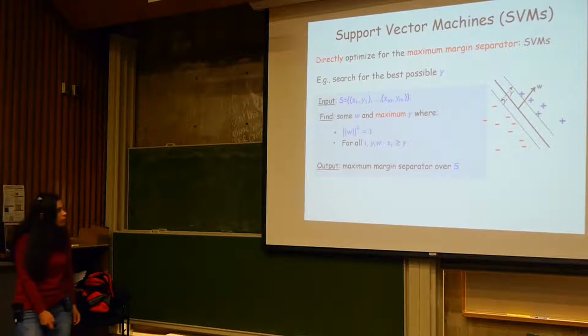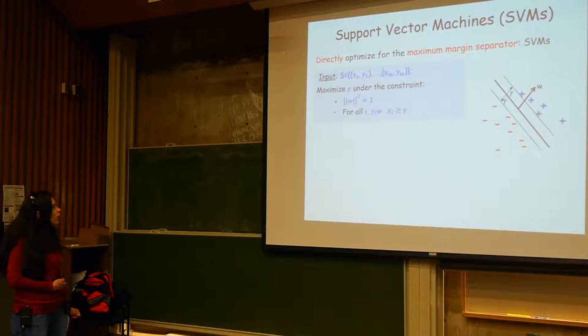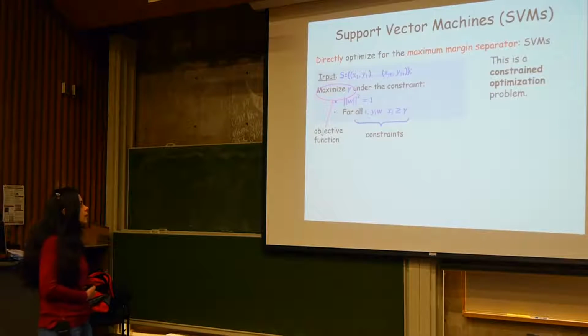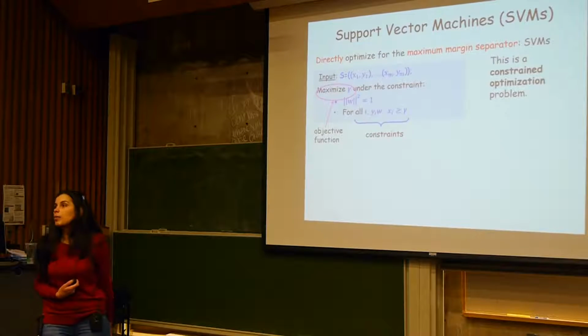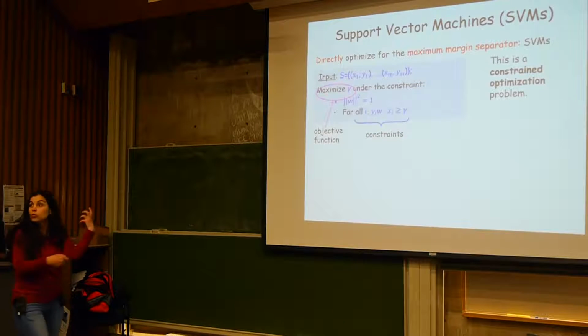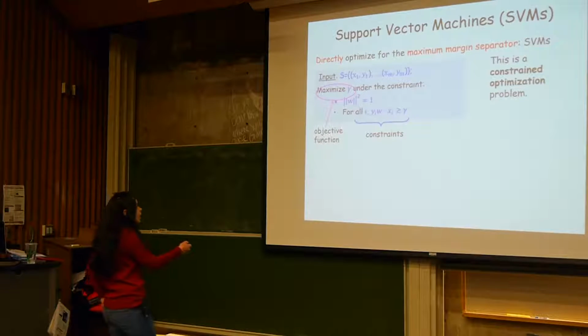Okay, so that's the optimization problem that exactly expresses what we want to express. Now, of course, we are going to try to think about how to solve it. And just a couple of comments. This is actually a constrained optimization problem. Why? Because we have an objective, which is to maximize the margin gamma. That's the objective function. And these are my constraints.